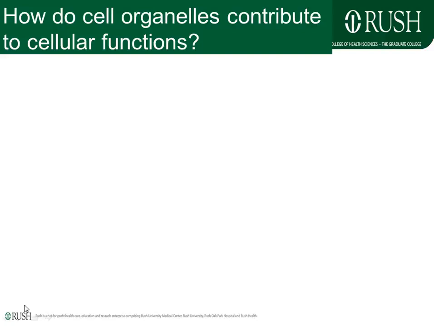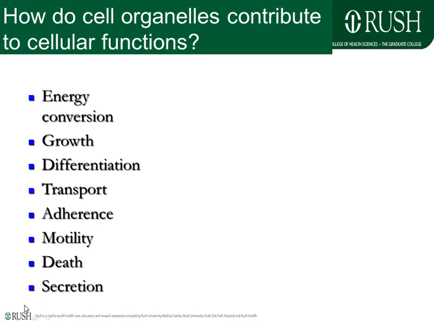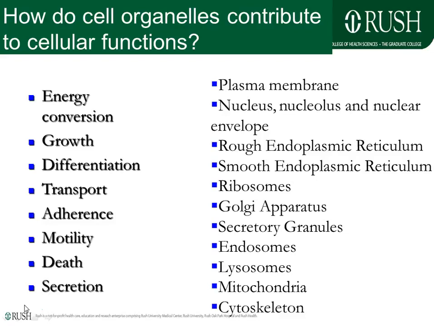How do cell organelles contribute to the cellular functions? Well, there's a number of functions that cells have to perform in order to live, in order to grow, divide, survive, maintain themselves, and so on. And those are listed here. And there's a number of organelles that are involved in these functions. However, it's not really a one-to-one relationship.